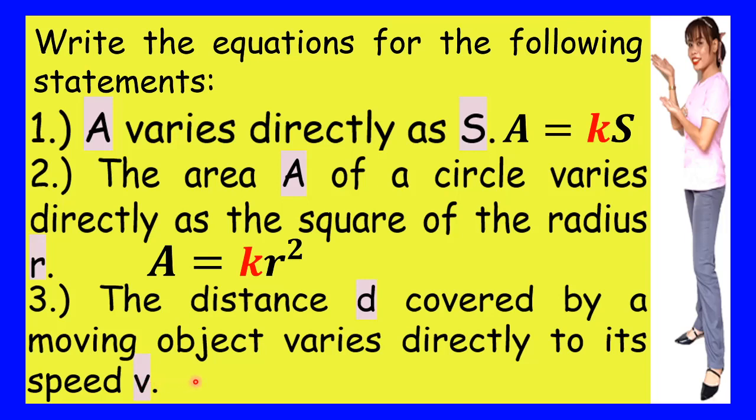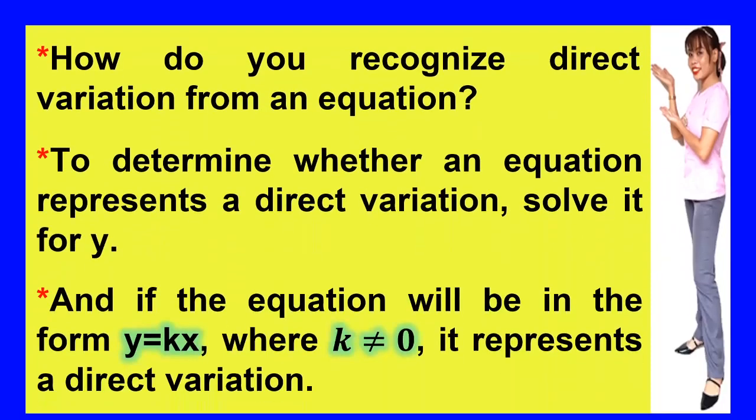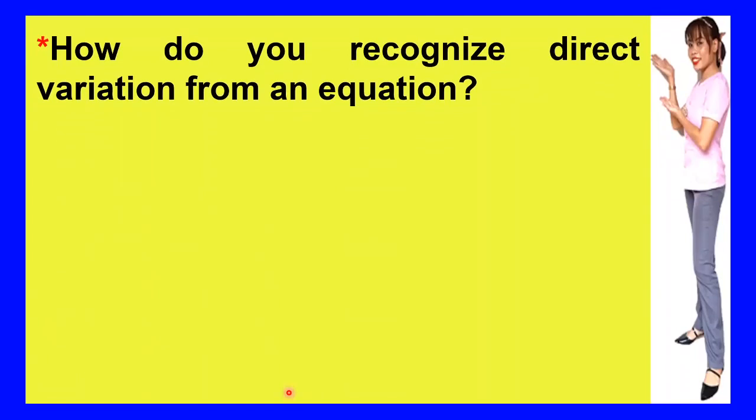So you'll write d varies directly equals k, our constant of variation, then copy small v. So the distance d covered by a moving object varies directly to its speed v is equal to d equals kv.